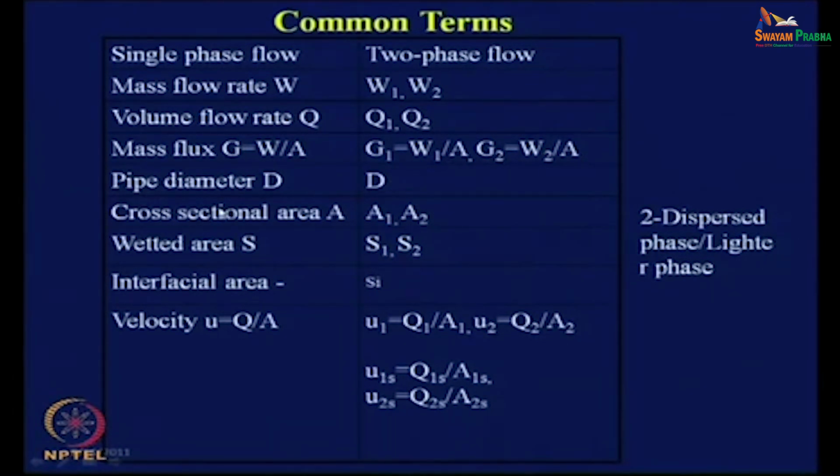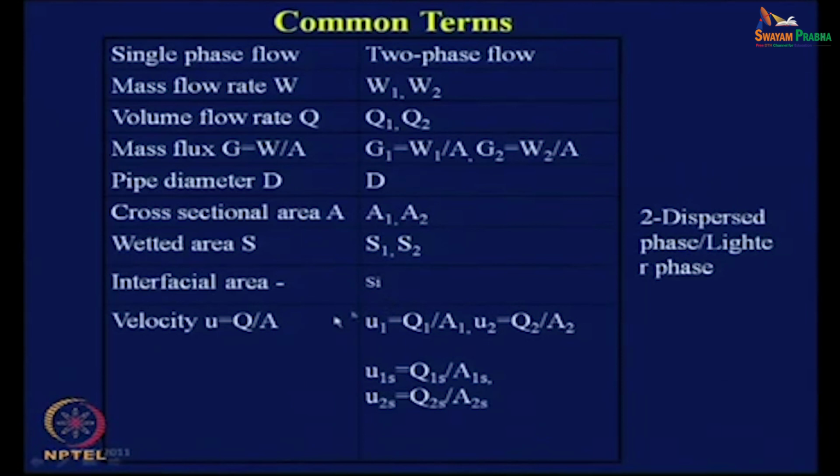Then of course, pipe diameter and cross sectional area. Here just A is sufficient for single phase flow, but in this particular case we come across A1, A2, then the wetted perimeter, that is S1, S2, and Si, the interfacial area, which is an added parameter in this case.